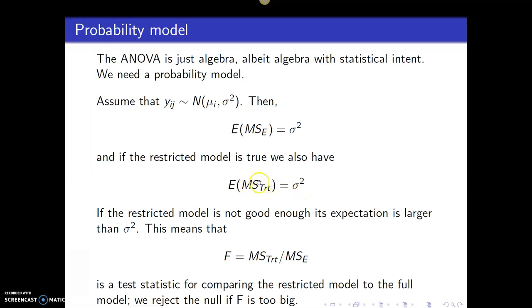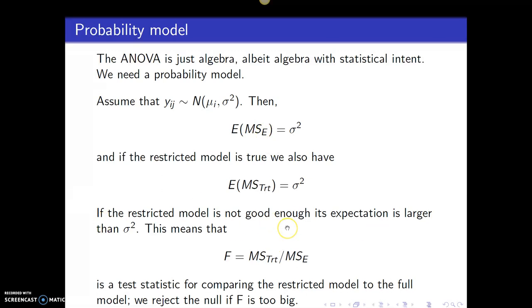Okay, so if we made a ratio of our MS treatment and MSE in that case, we get exactly 1 because it'd be sigma squared over sigma squared. And we get 1. But when this ratio of mean squared treatment over mean squared error is bigger than 1, then we have evidence that the group means are varying, that they differ in some way.